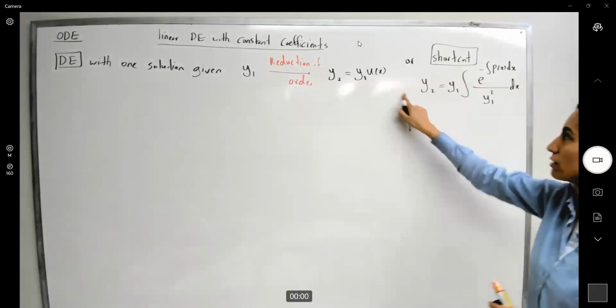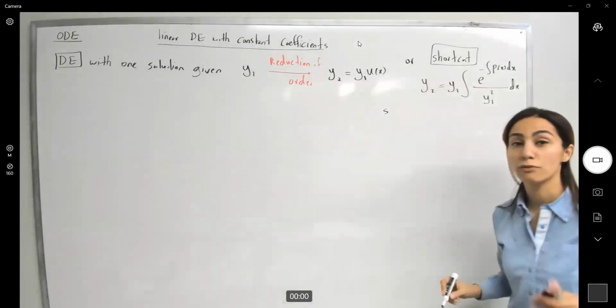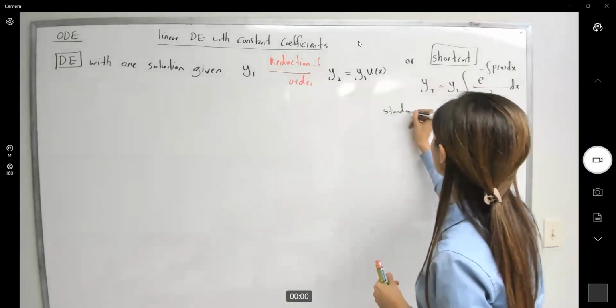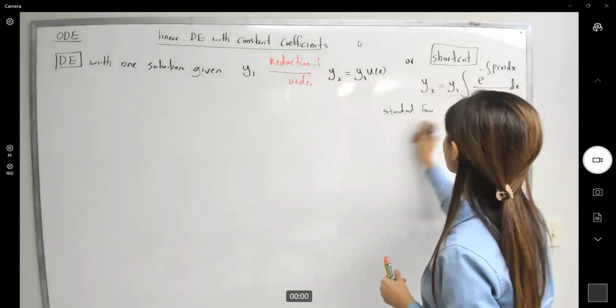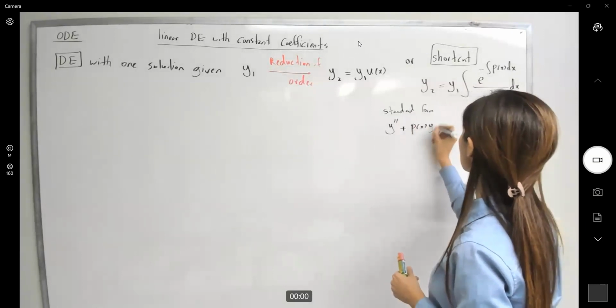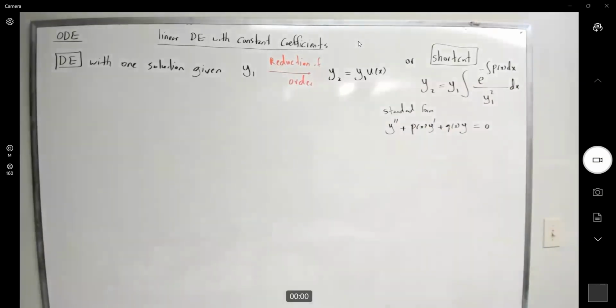But just note that when you're applying the shortcut, you have to have your second order differential equation written in standard form. It means that you have the second derivative of y plus p(x) y prime plus q(x) y equal to 0.